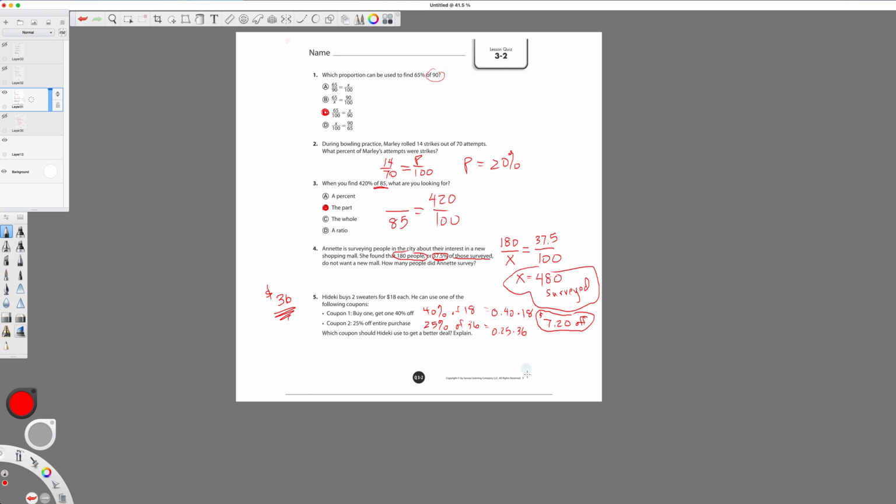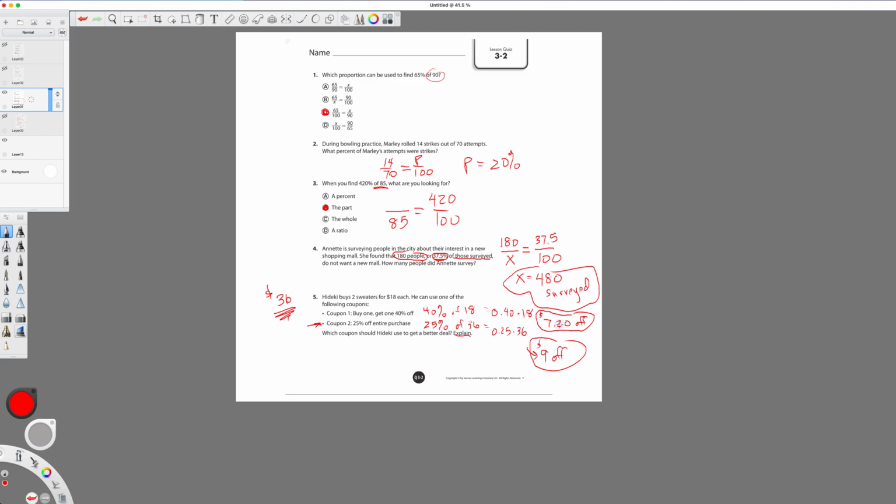times 36. And again, I could be using a proportion on these. It just seems to be set up to use the equation. And this is $9 off. So just logically, the better deal is coupon 2. If I had to explain, well, it's $9 off instead of $7.20.